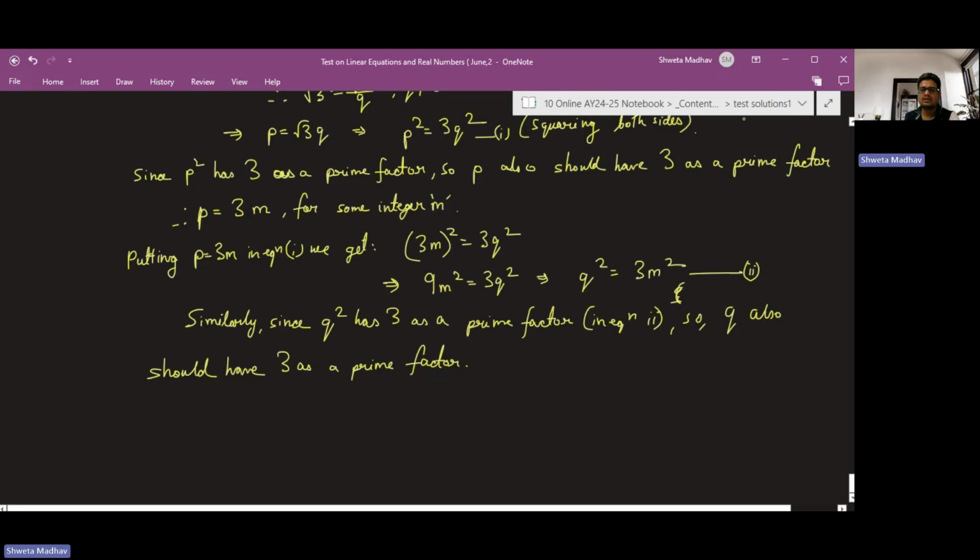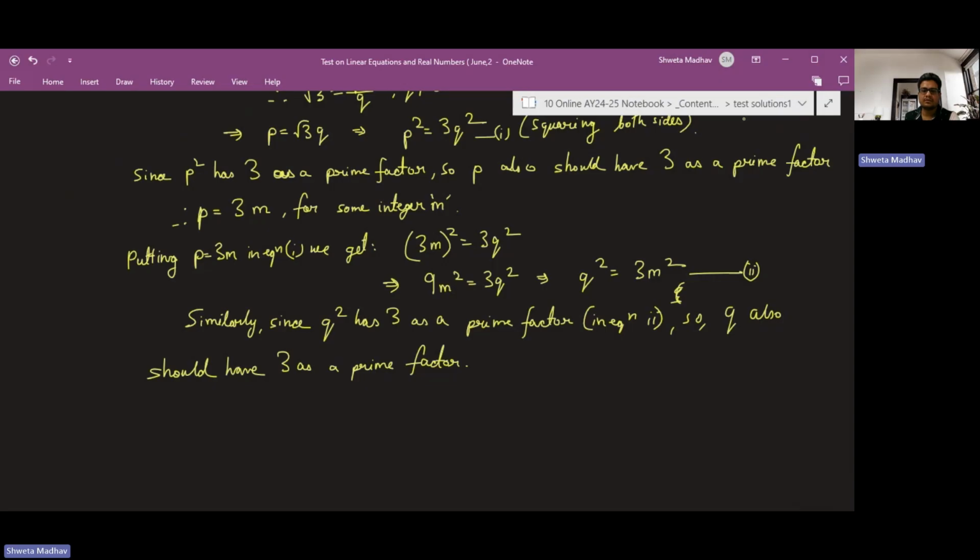So hence we can see that p also has 3 as a prime factor and q also has 3 as a prime factor.